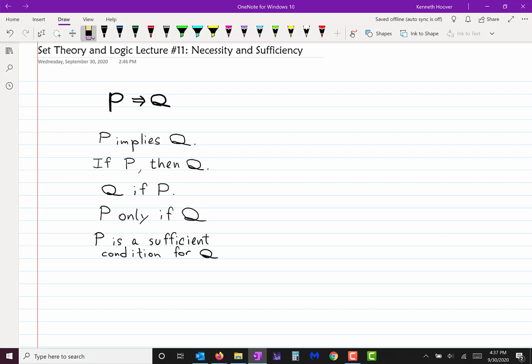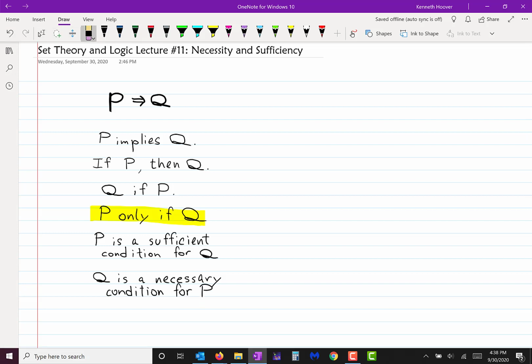Now the other side of that is this. Look at that line again. P only if Q. So that means if you want P, then you must have Q. Or in other words, if you want P, then it is necessary to also have Q. So I can say Q is a necessary condition for P. Whoops, I almost wrote Q again.